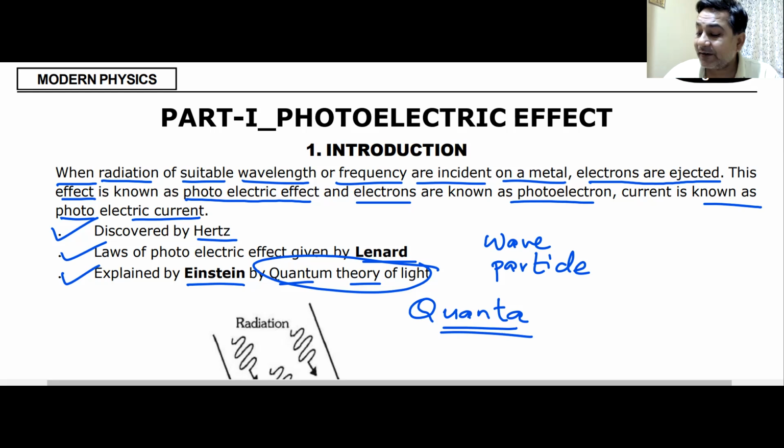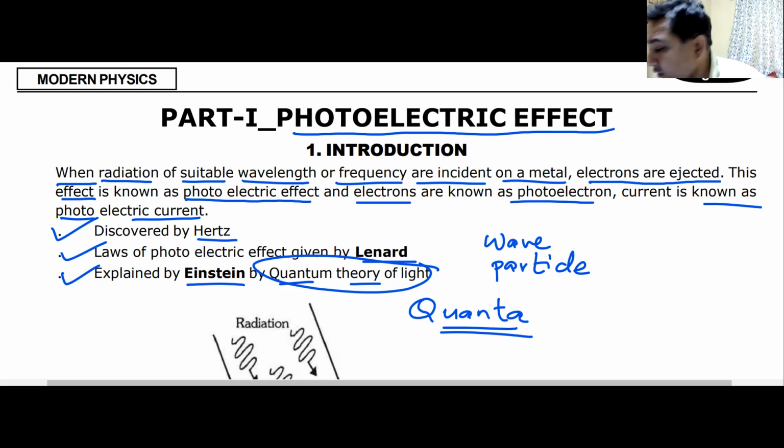In this photoelectric effect, which nature of light is utilized, or how can we explain this photoelectric effect? By which nature of light is this photoelectric effect explained? It's already given. By which principle or which theory, with what nature do we explain photoelectric effect?